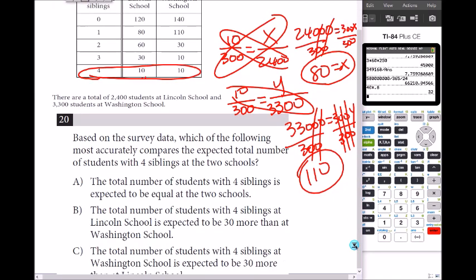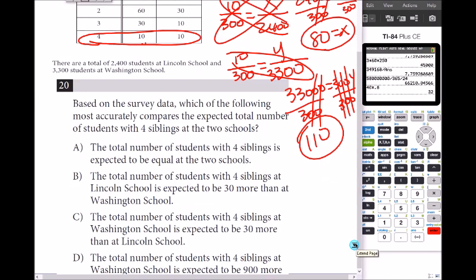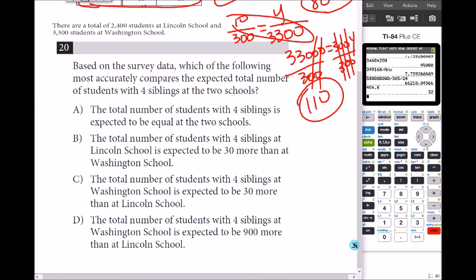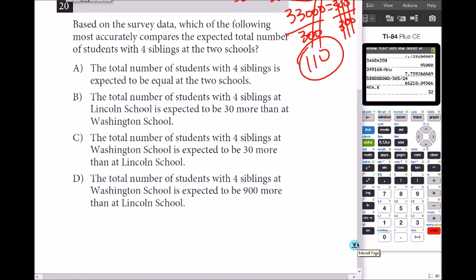No. The total number of students with 4 siblings at the Lincoln School is expected to be 30 more than at Washington School. No. Lincoln had 80 and Washington School had 110. So the total number of students with 4 siblings at Washington School is expected to be 30 more than at Lincoln School, so it is C. Total number of students with 4 siblings expected to be 900 more? No. Okay, good.